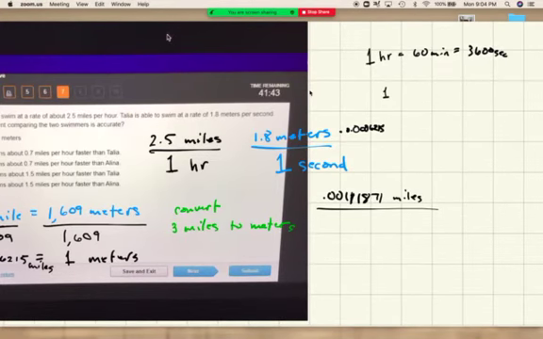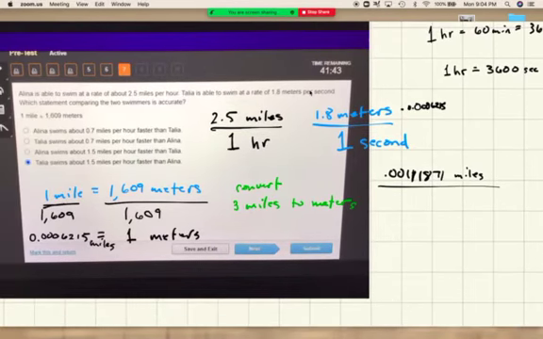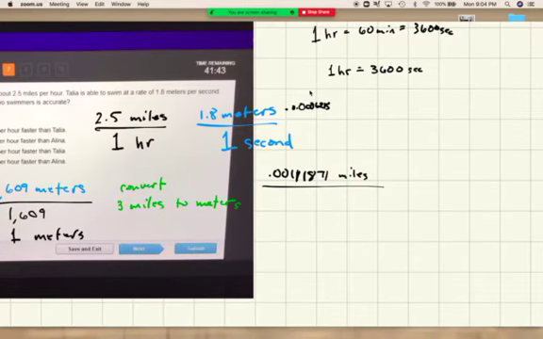So 1 hour equals 3,600 seconds. Well, I want to know how much is 1 second, so I'm going to do the same thing that I did here. Divide. I think this is not making sense. This is too much, I feel like. But if I divide, I get 1 second, the conversion.